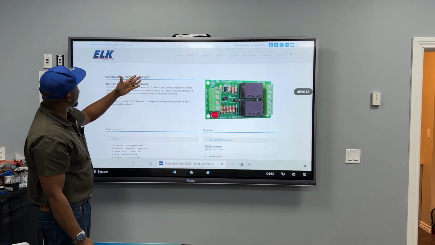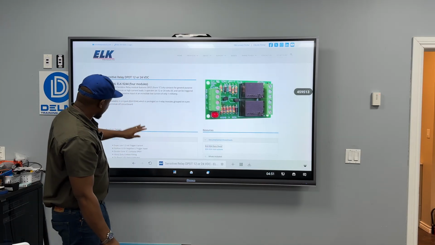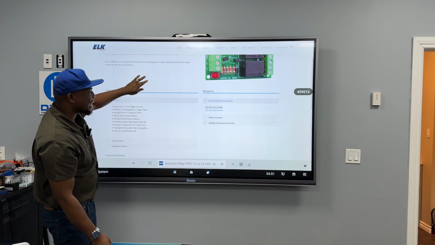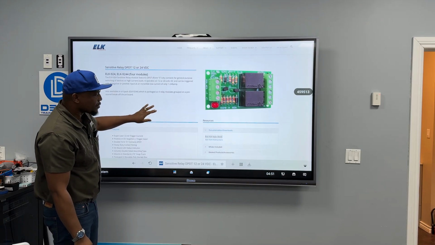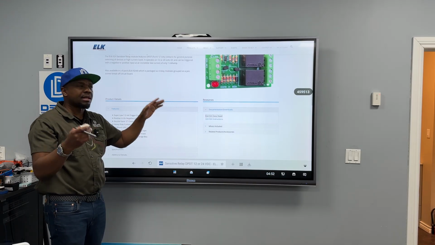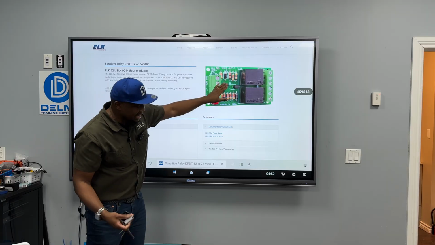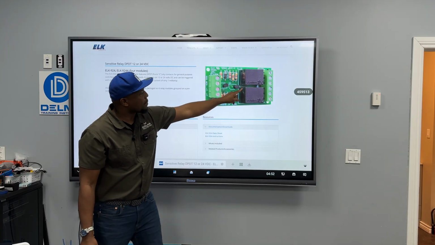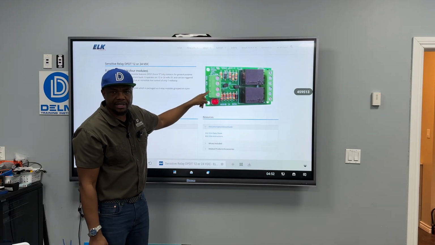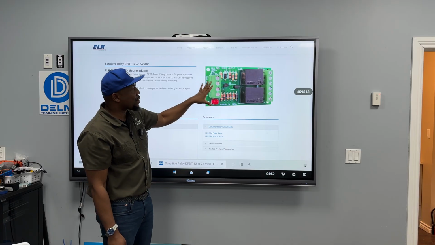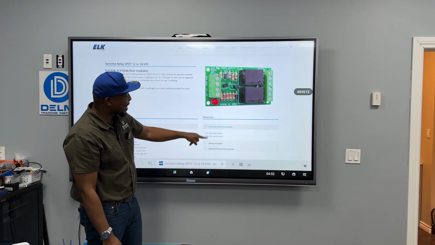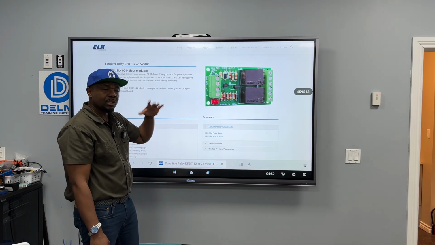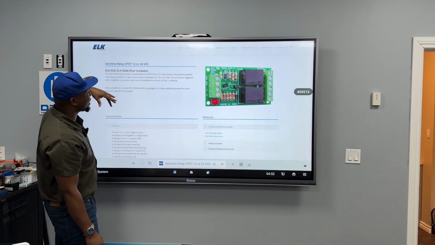This is an ELK. What was the part number again? 924. That 924 is going to tell me everything about that device. So this is a double pole, double throw relay with a trigger function on it. Before I start working with this, very important, find the product number, the model, go on Google, go on their website and pull it up.